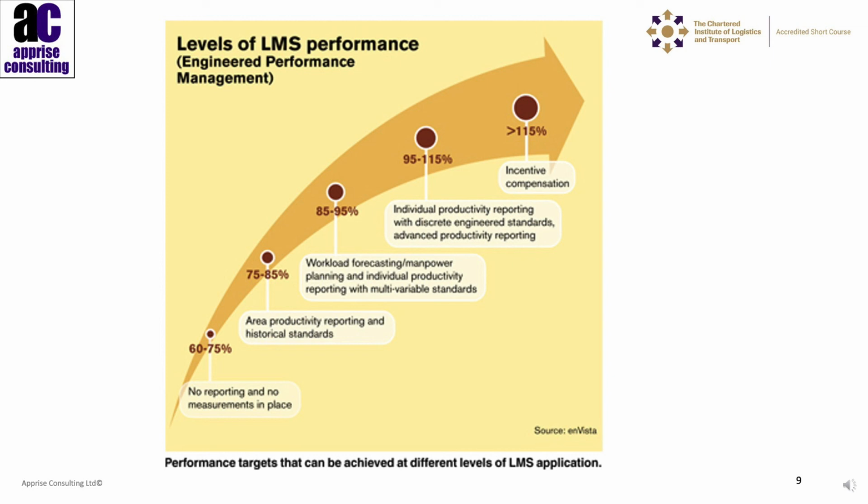But as we start to introduce more productivity standards, better measurements, getting through to individual productivity, and finally to incentive compensation, we can improve to over 115% of our expected targets. So engineered performance management leads to much better performance and productivity.